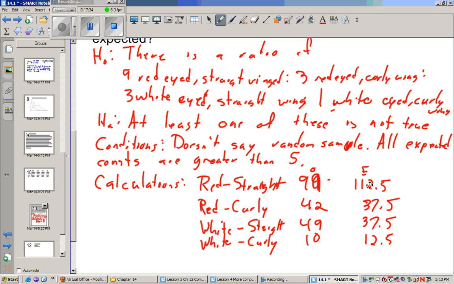So let's see what our chi-square statistic is going to look like. We take observed minus expected, squared, over expected. I did these on my calculator, and I got 1.62, 0.54, 3.53, and 0.5. Now we have to add these up, and I get 6.19 as the value.